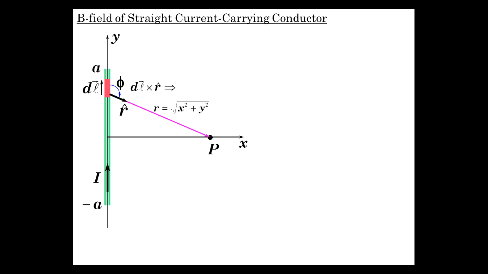Swing the dl into r, and your thumb points into the page. So the magnetic field produced by this little differential current, this current element, is into the page here.